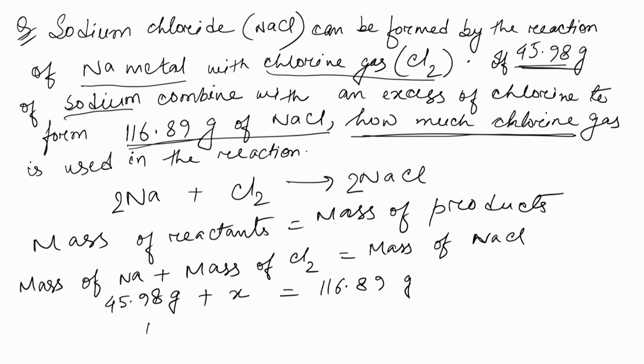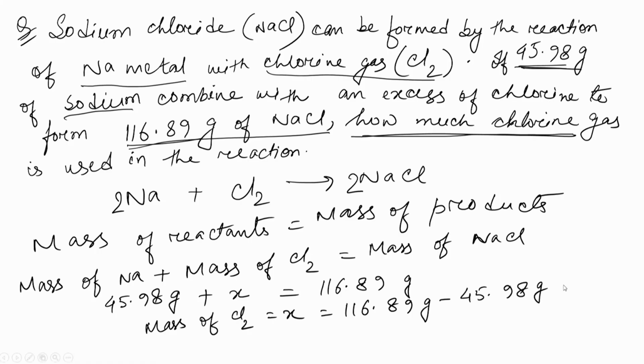So the mass of chlorine, that is X, will be equal to the mass of sodium chloride minus the mass of sodium. So 116.89 grams minus 45.98 grams, which is equal to 70.91 grams.